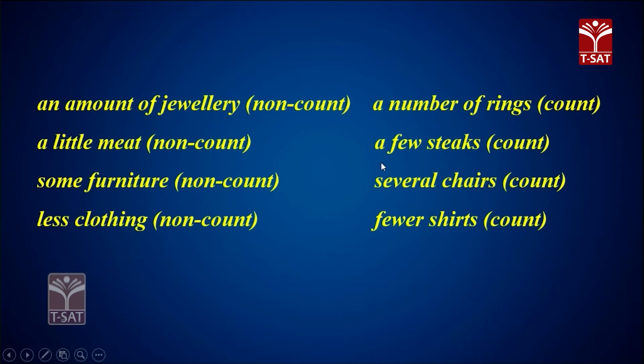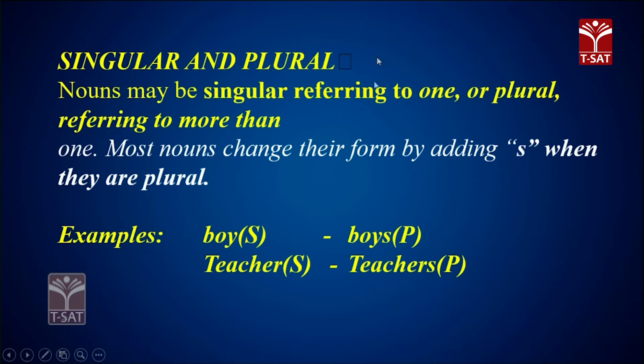A few steaks, countable. Some furniture, non-count. Several chairs, count. Less clothing, non-count. Few shirts, count, right? So, we'll move on to the other aspect of nouns.